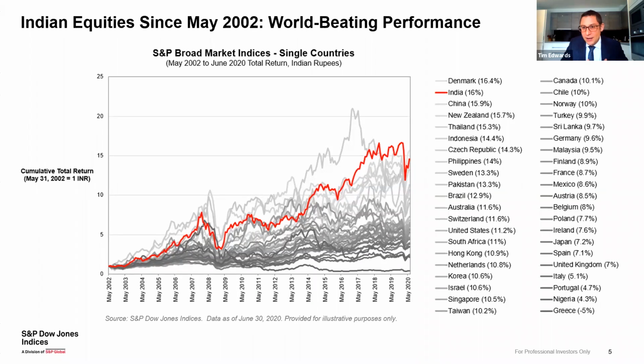And what you have here is a range of all our indices for major countries and economies around the world, both developed and so-called emerging, and their performance in Indian rupees, I should say. So whether it was US dollars for the US or pound sterling for the UK, converting that performance into Indian rupees, so something an Indian investor would experience, and plotting the total return.